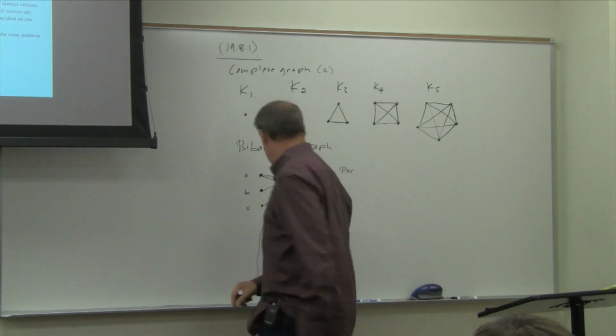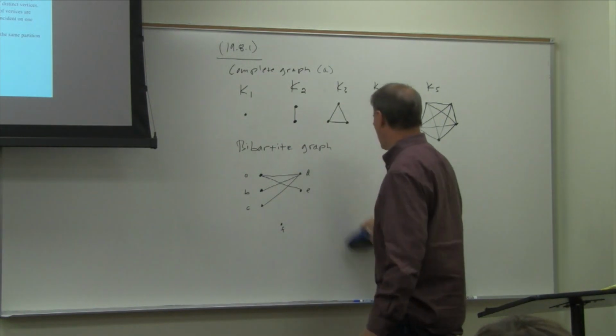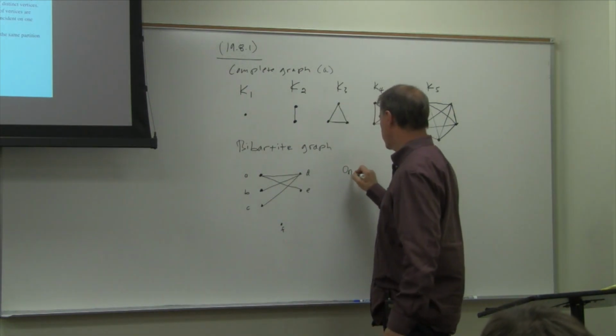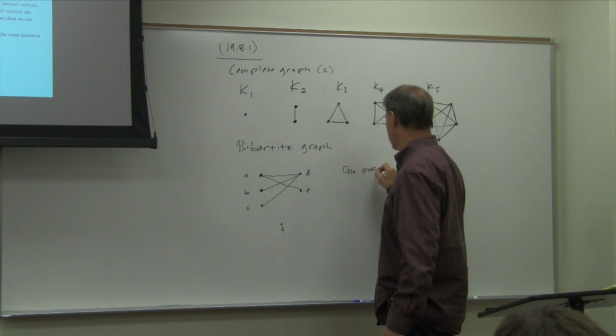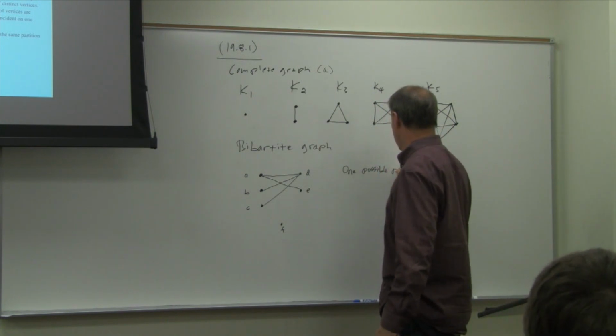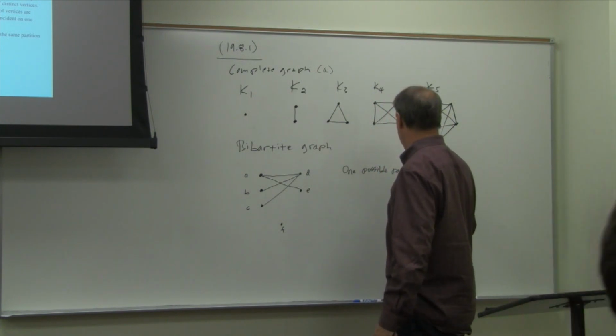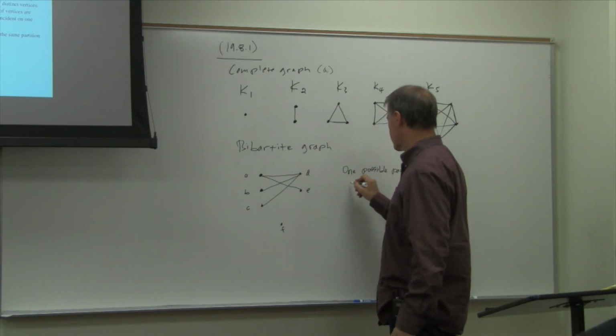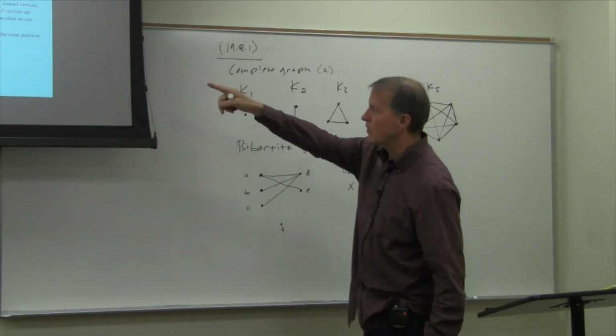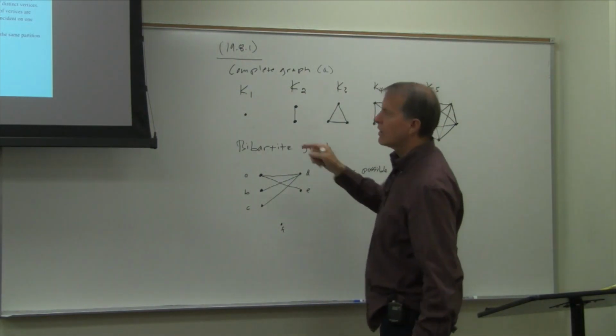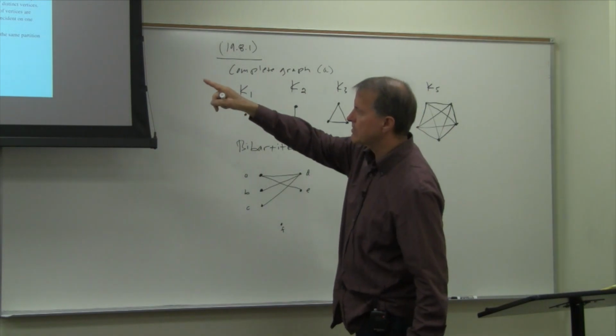Okay, so let's say one possible partition. Well, you can put F wherever you want it to be. One possible partition is x and y. The x and y are partitioned, right? So they are subsets, two sets, x and y.